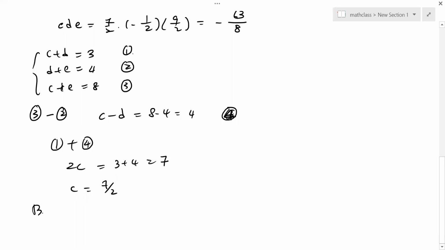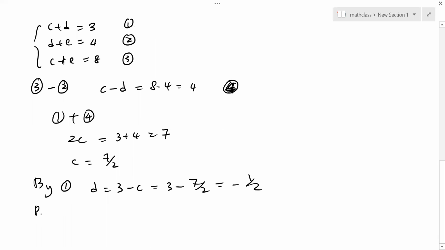So then you use this first equation again. d is 3 minus c, so 3 minus 7 over 2, and that is negative 1/2. Then you can use any of the above equations, like equation 2, right? By equation 2, e is 4 minus d, 4 minus negative 1/2, 4 plus 1/2, right? So 9 over 2. So you will get all three solutions.